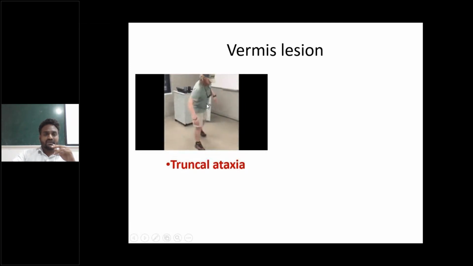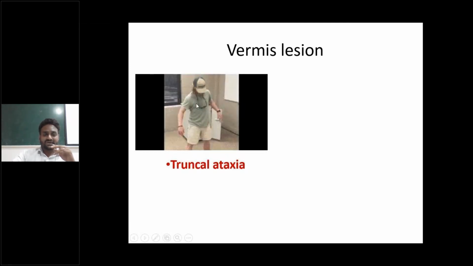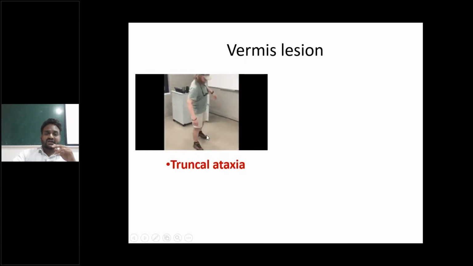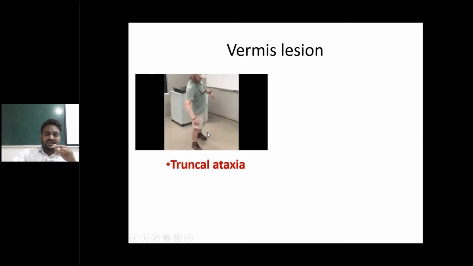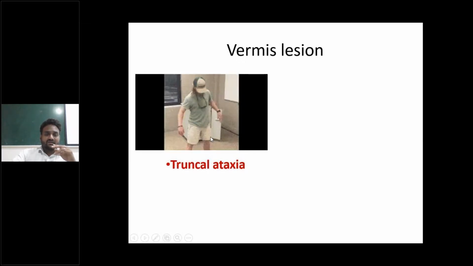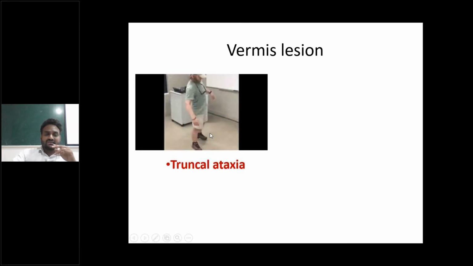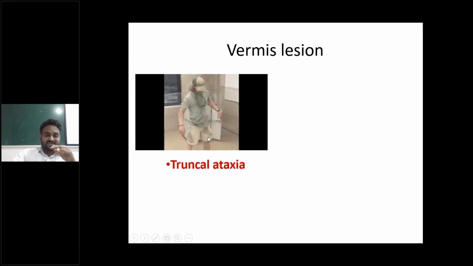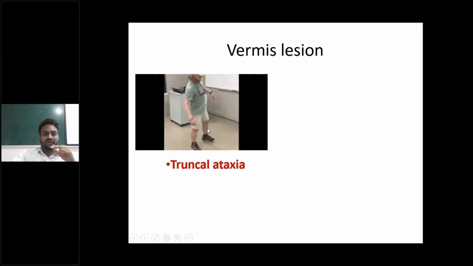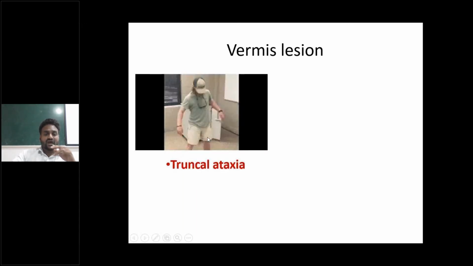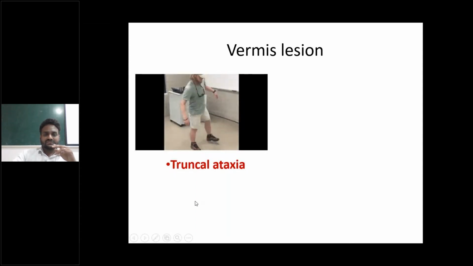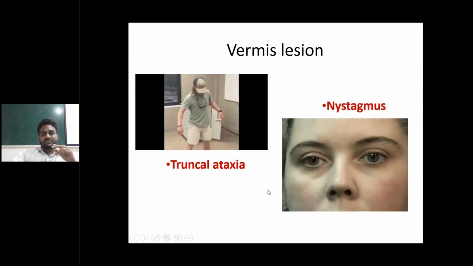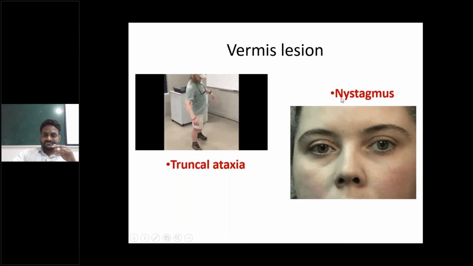And the second one, you see the stepping of the foot: lateral deviation of the leg with unequal steps. Both sides are not equal. This is called truncal ataxia, and it is due to a lesion of the vermis.